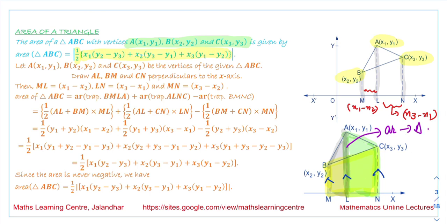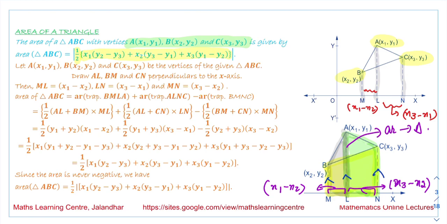And the formula for the area of the trapezium, we know, is half the sum of the two parallel sides into height. So height for this trapezium is x1 minus x2. Height for this trapezium is x3 minus x2.